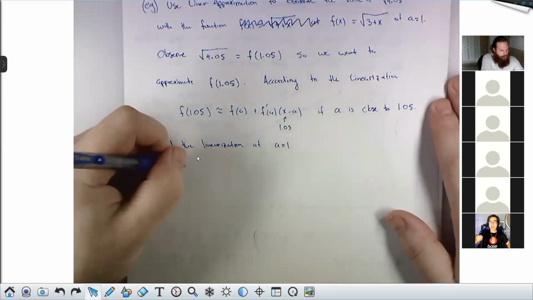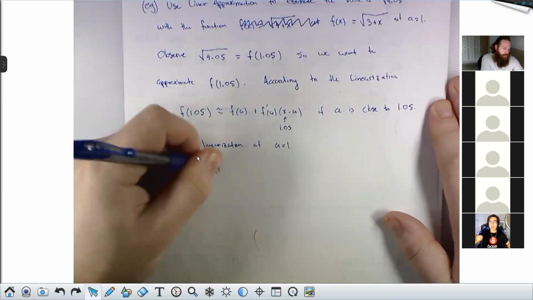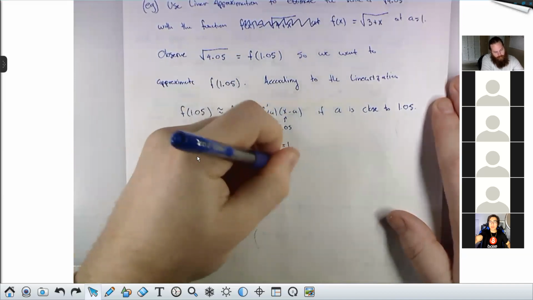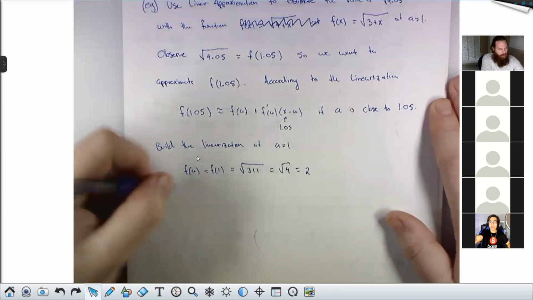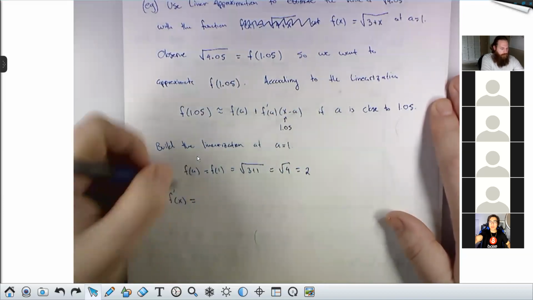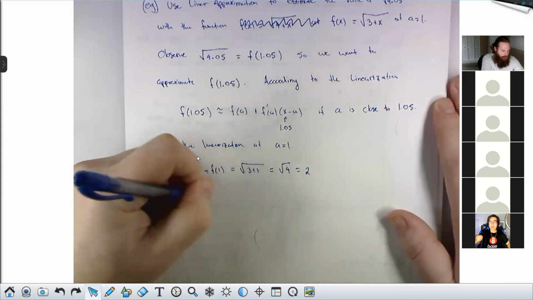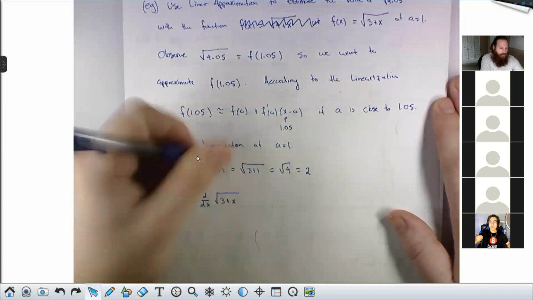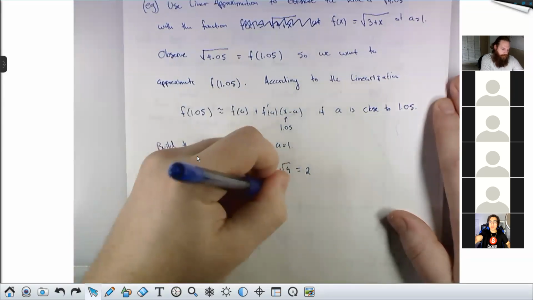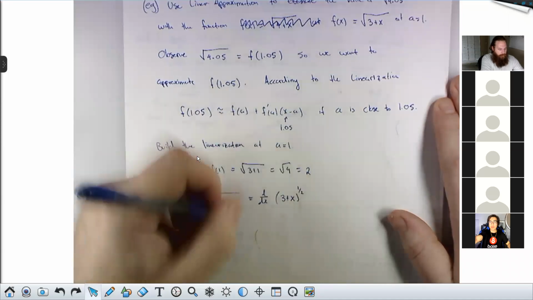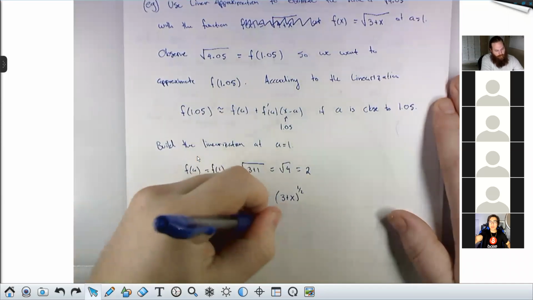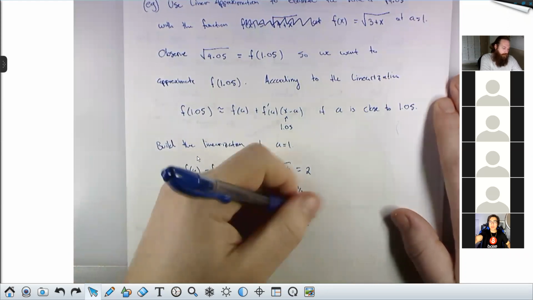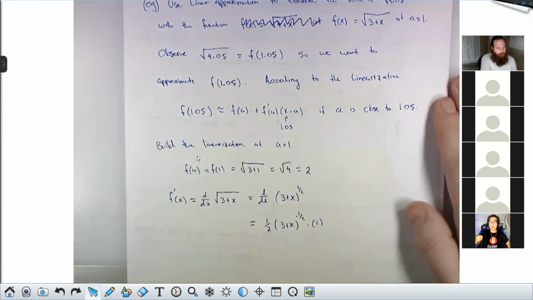So f of a is f of 1, which is the square root of 3 plus 1, the square root of 4, which is 2. f primed of x is the derivative of the square root of 3 plus x, which is the derivative of 3 plus x to the 1/2, which is 1/2 times 3 plus x to the negative 1/2 times, by the chain rule, the derivative of the inside, but the derivative of the inside is just 1.